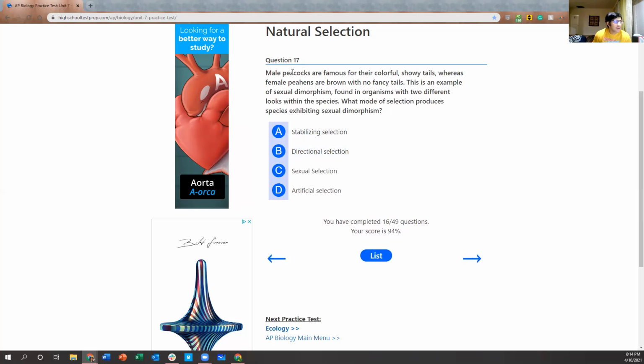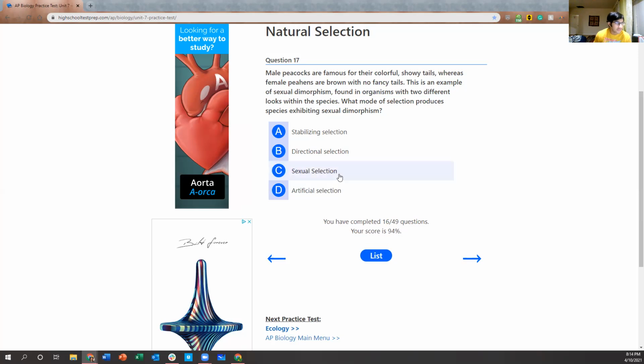Male peacocks are famous for their colorful, showy tails. Female peahens are brown with no fancy tails. Okay, sexual dimorphism. Humans are sexually dimorphic, and many other organisms are. So which mode of selection produces species exhibiting sexual dimorphism? That would be sexual selection, right?